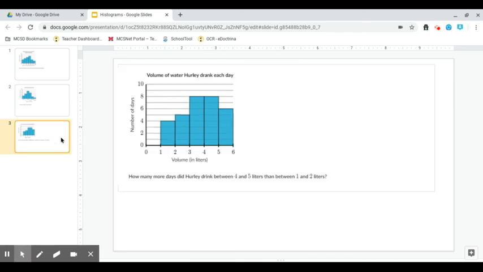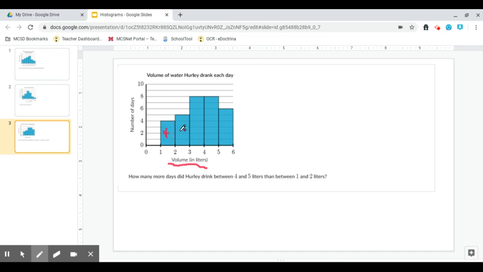Okay, our last one of these says, the volume of water Hurley drank each day. Well, let's see how thirsty old Hurley was. So volume in liters. So this is how much water he drank. He drank between 0 and 1, between 1 and 2, between 2 and 3, and so on. So between 1 and 2, there are 4 of those.